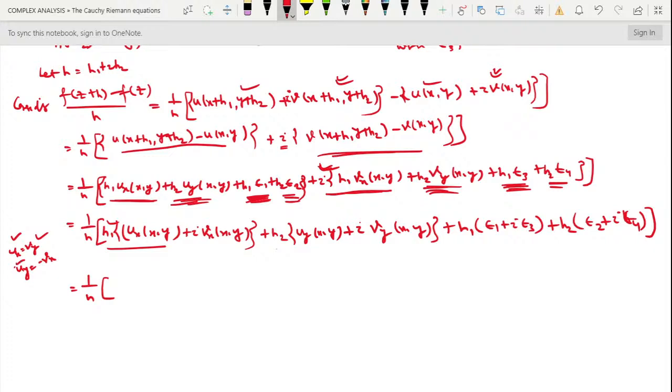So if there is vy or minus vx, I will replace it by ux or uy, whatever it may be. So now I will write h1 times ux at (x, y), and in place of vx, which is minus uy, I will write minus uy.